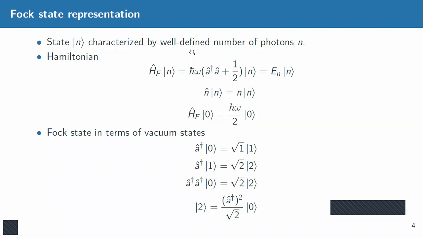And we know that it is also an eigenstate of the number operator. So we can get the overall energy of the given state. And we are here only talking about the single mode state of the given field.